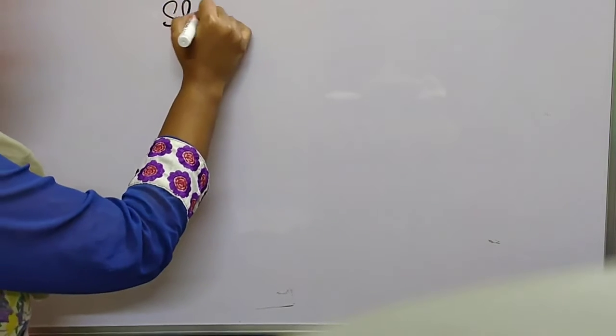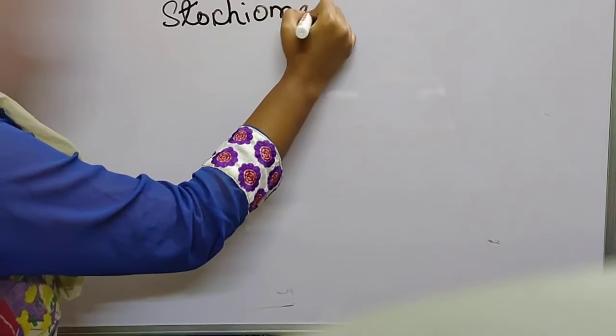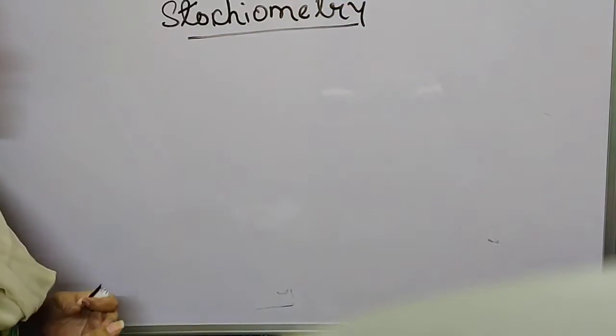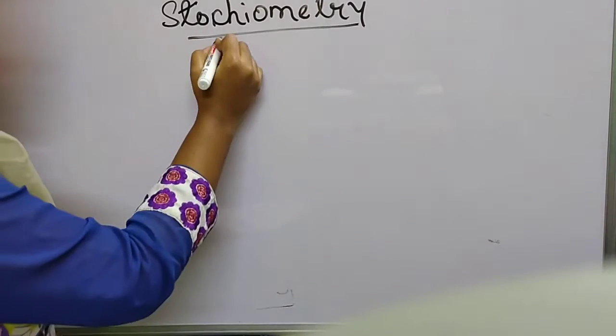The calculation regarding the weight of the reactants and the products, or the weight and the volume, is called stoichiometry. Stoichiometry means the chemical calculation regarding the quantitative relation between the reactants and products, where we have to calculate their quantity, and that could be of two types.